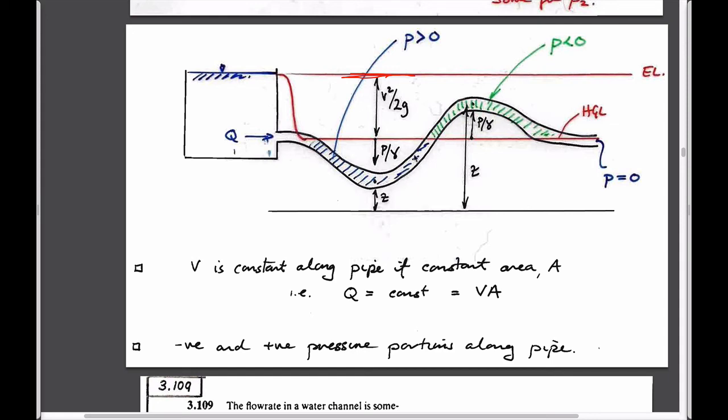Along this pipe, if it is the constant diameter, by definition, the velocity has to scale with the area. If the area is constant, then the velocity is constant. So we know that all the way along this pipe, everywhere, the velocity has to remain at this constant magnitude. If the velocity remains at this constant magnitude, then by definition, the hydraulic grade line is at the top of the pressure distribution or the bottom of the velocity distribution, if you like to think of it that way.